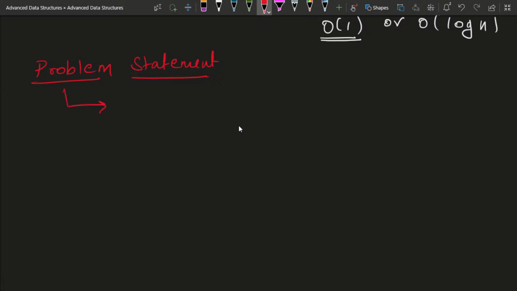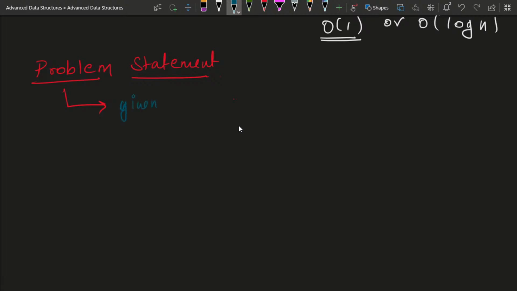The problem statement says that you are given an array A of size n. So this A is the array. Okay, let me write the problem statement itself.